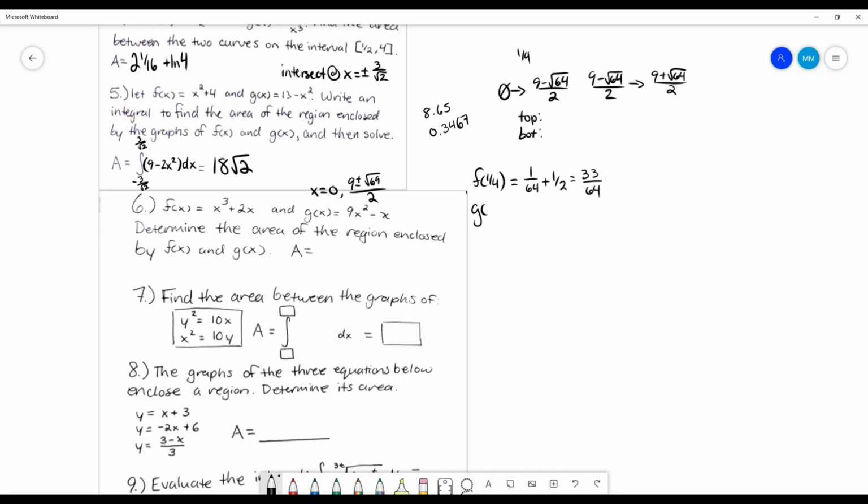And if I plug in g of 1/4, that's going to be 9 times 1/16 minus 1/4, which is then 9 minus 4/16, which is 5/16, or 20/64, which means that my g function is smaller than my f function, so my top one here is going to be f of x, my bottom is g of x.